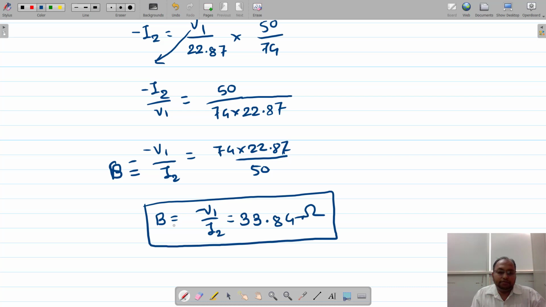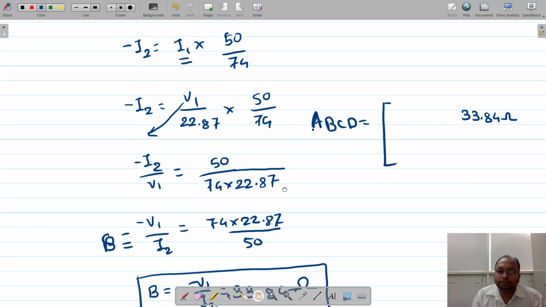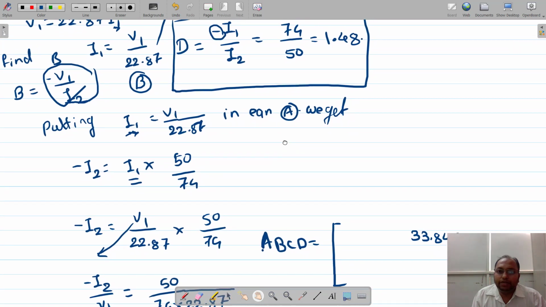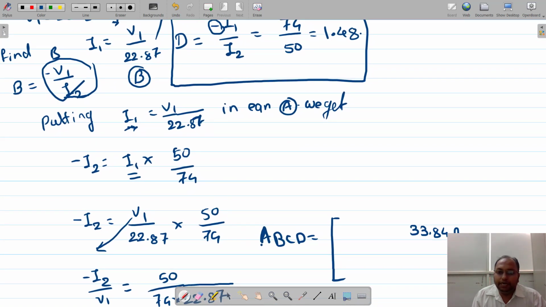Okay, so let us write the ABCD parameter matrix. B is coming as 33.84 ohm. Now recall all the values. D is coming as 1.48.